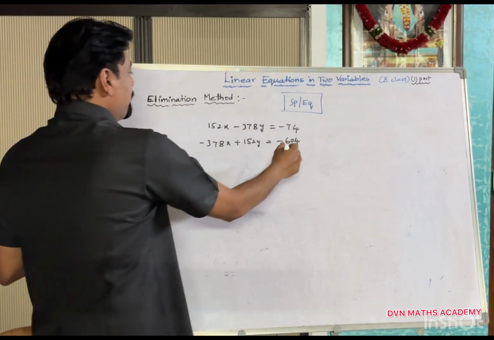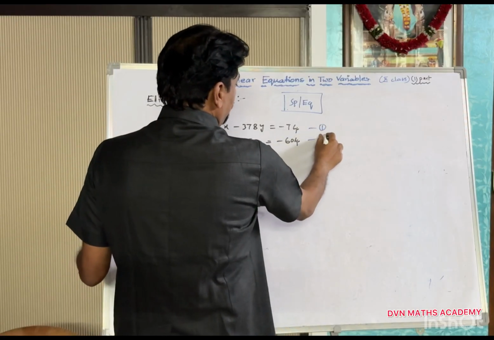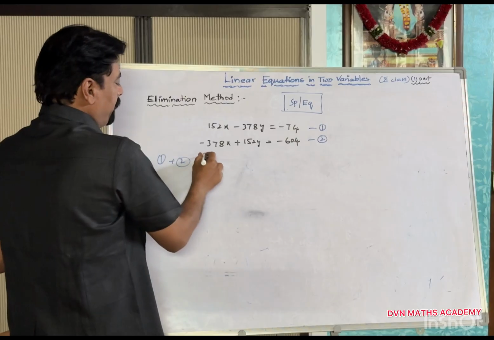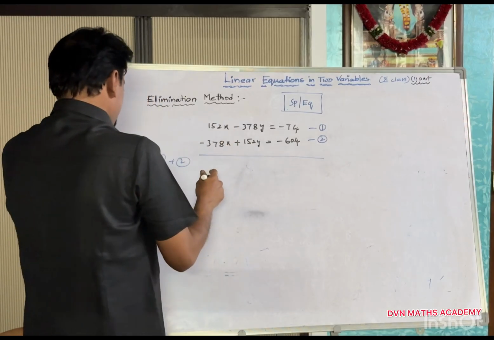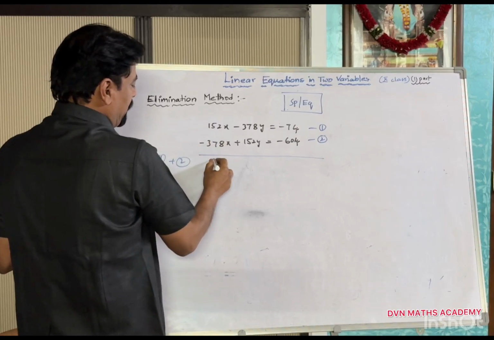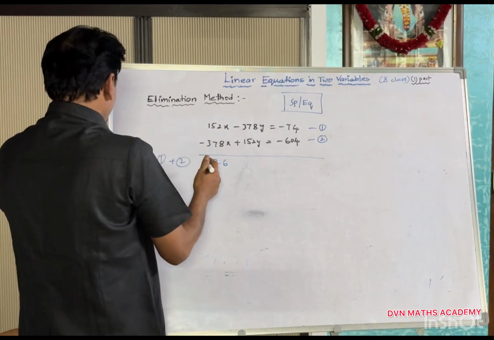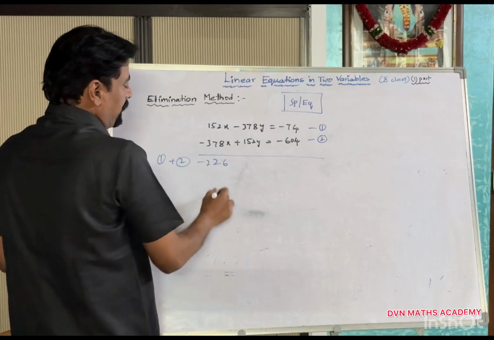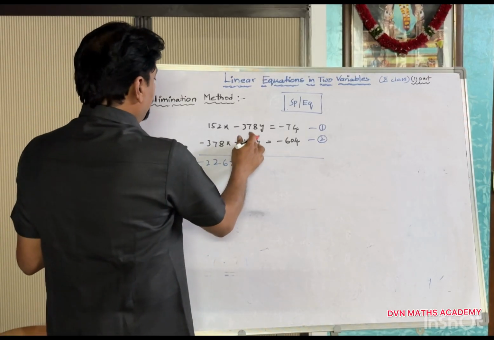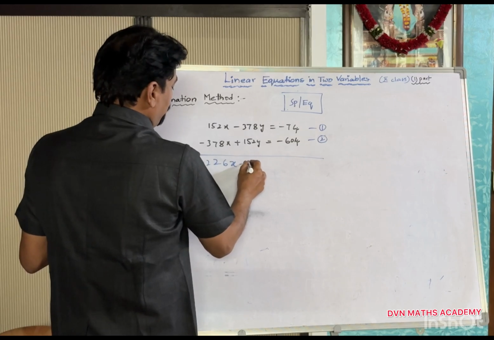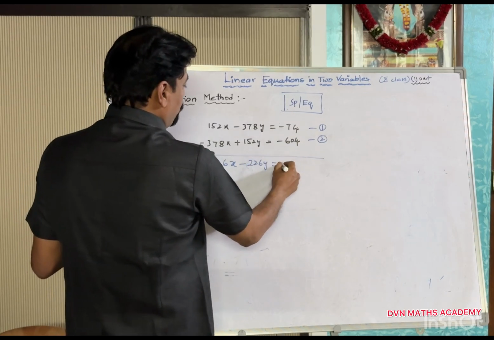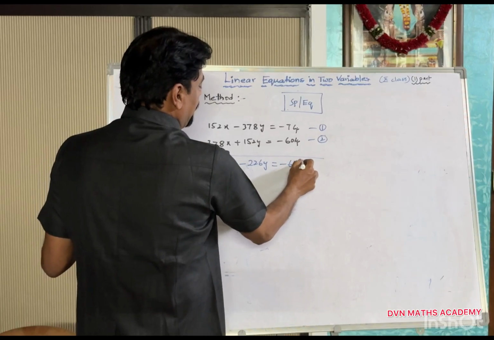First, say this is equation number 1 and this is equation number 2. Just add both equations, 1 plus 2. If you add these two equations, 152 minus 378 becomes minus 226x, and 378 minus 152 becomes minus 226y, equal to minus 74 minus 604, which is minus 678.